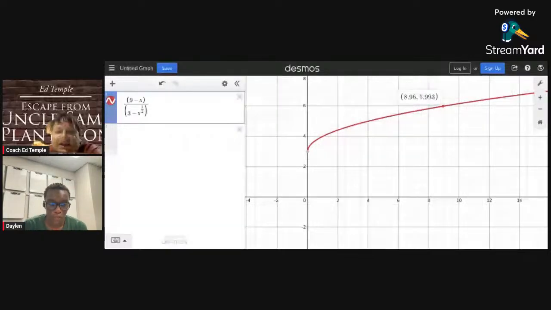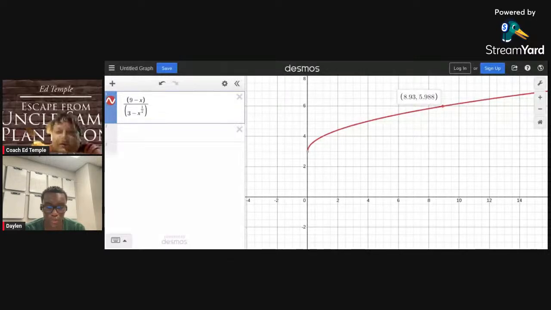This graph is at 5.99. If I move, I can't get it to stay there, but what do you read? Undefined. Exactly. That's the hole in the graph. So what we did is we allowed this to be a function by manipulating it a little bit. And so that's kind of the gist of that.